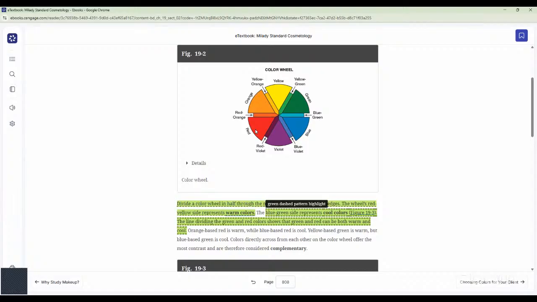Okay, so that means anything warm would look beautiful on their skin, so any red, any orange, and yellow would be beautiful for their skin. And if they wanted to tone it down and add more depth, they would use the colors green, blue, and violet. If they didn't want warm, they would add cool to the skin.